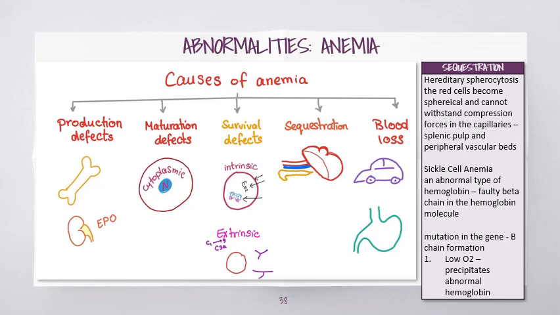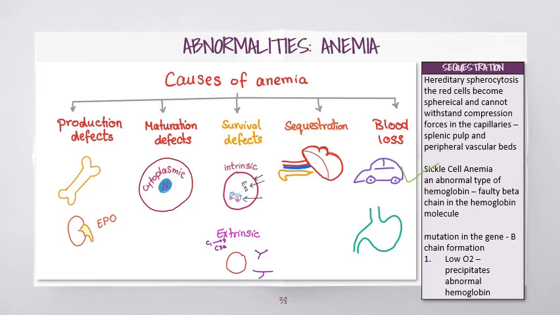Sickle cell anemia is an abnormal type of hemoglobin. Okay, so what happens is the hemoglobin is abnormal. When it is exposed to areas with low O2, such as the peripheral tissues, it crystallizes.